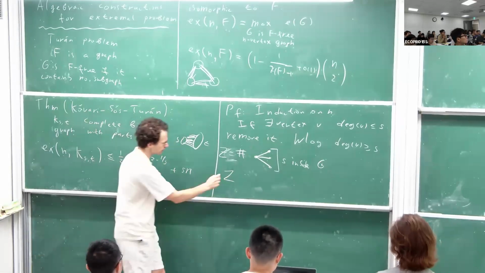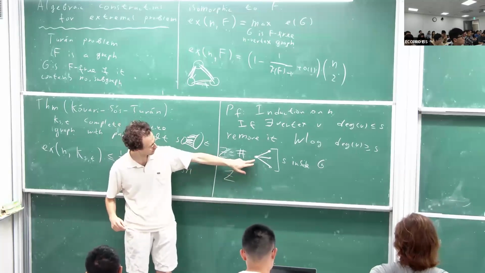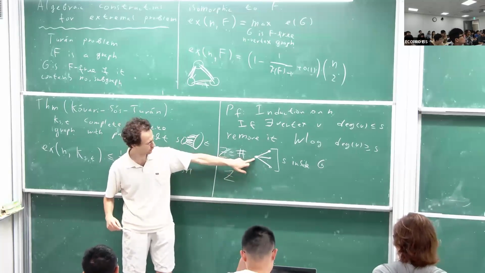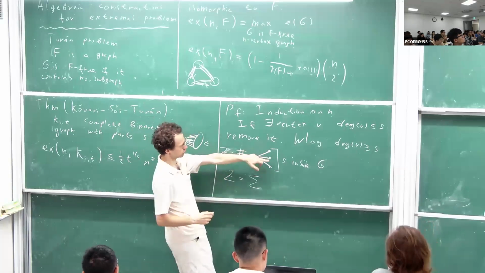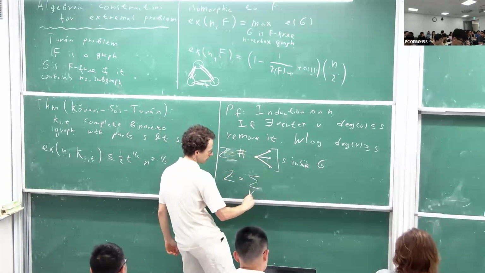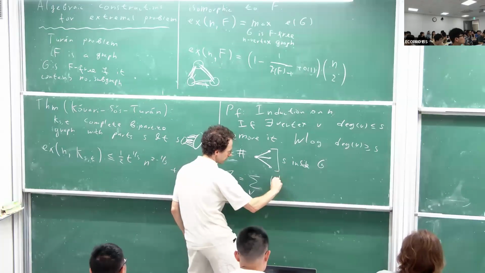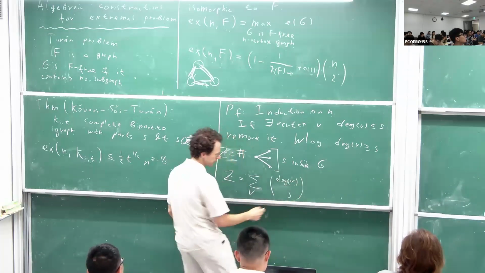On one hand, we can pick a central vertex first, and then we can pick the neighbors in degree of this vertex, choose s ways.